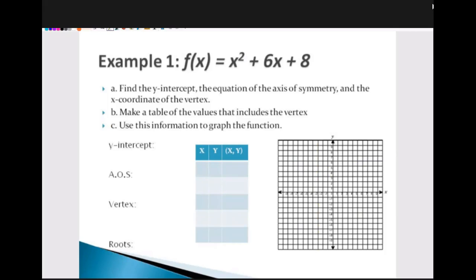So the y-intercept is (0, c). So in this case, the y-intercept is (0, 8). So I'm guaranteed on my graph the point (0, 8). I have to find the AOS by taking -b divided by 2a, which is -3.